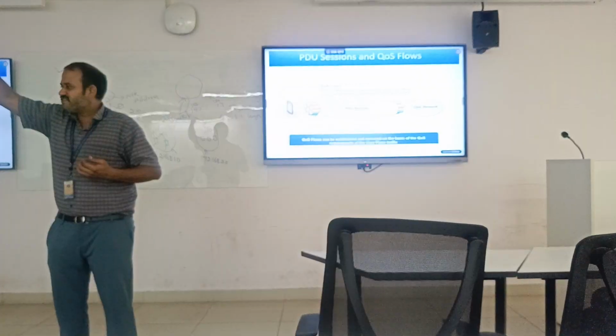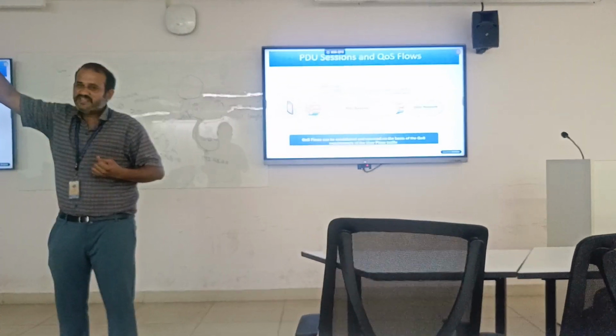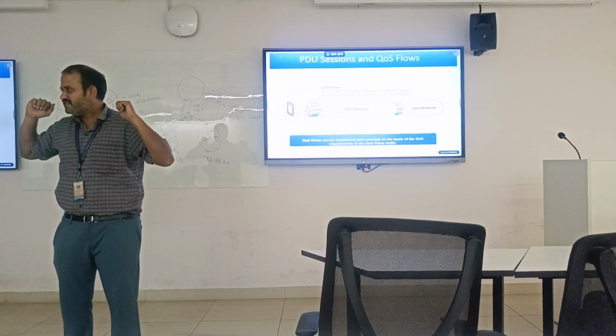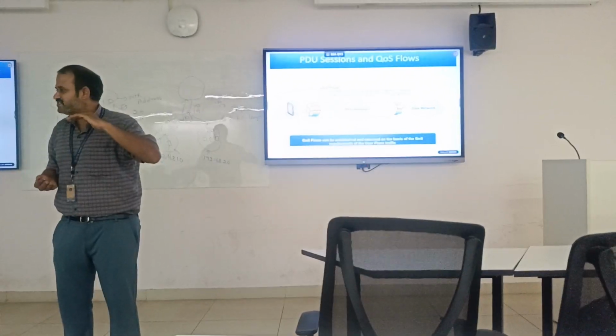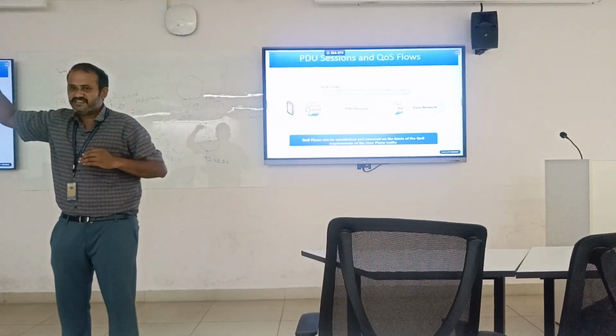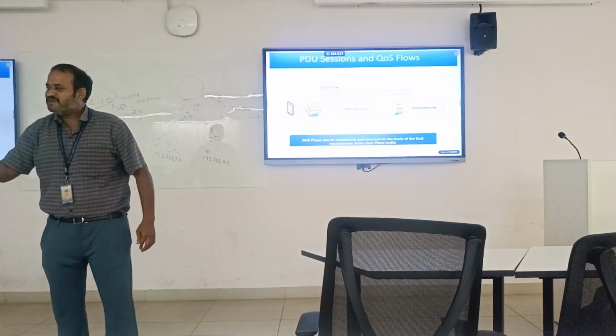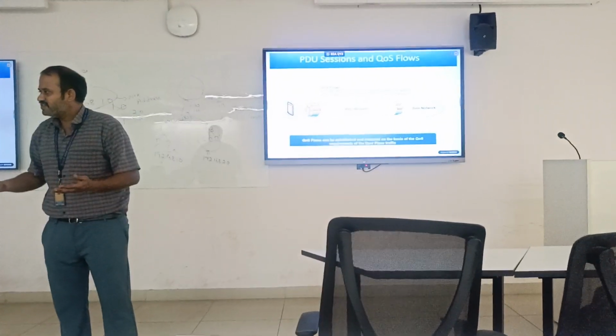Where will they get the instruction? Who will give the instruction to PCF? Because this will come under network slicing. You are slicing your network based on the customer needs. Who gave the instruction? One network element which is used for network selection.